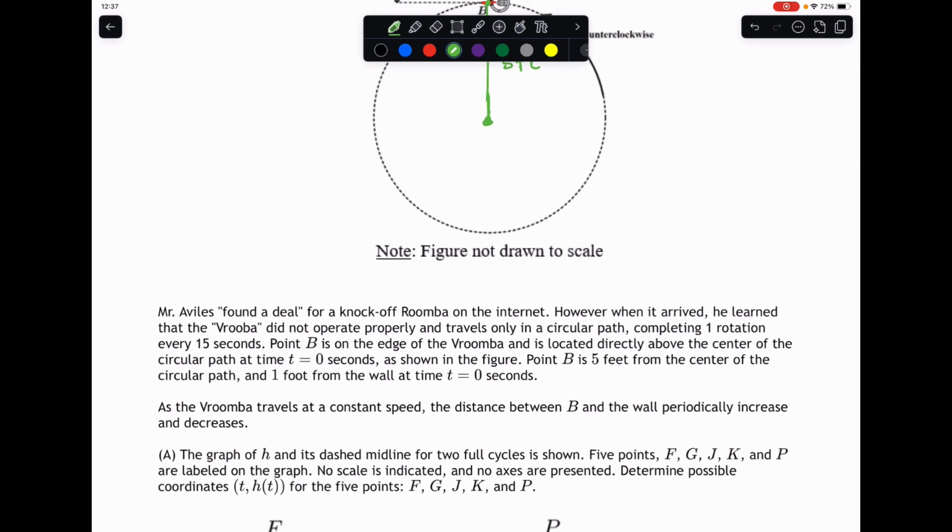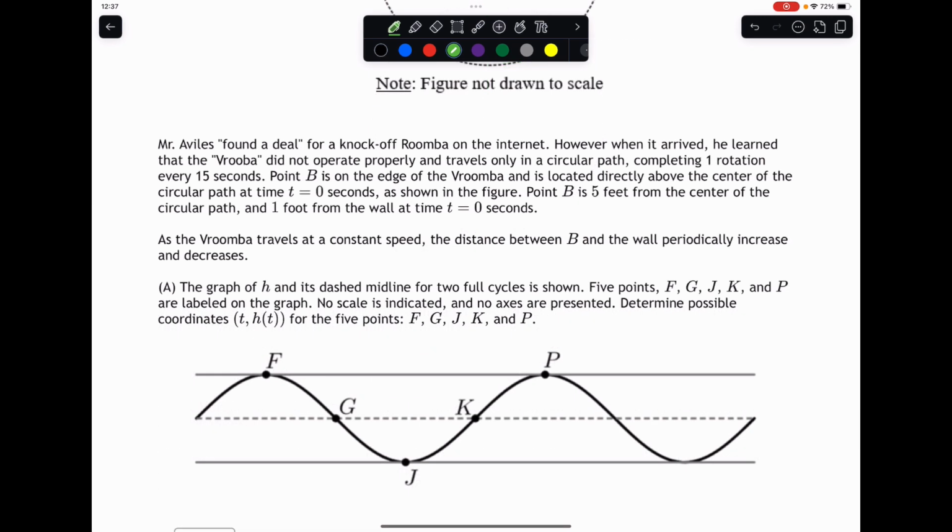And this occurs at t equal to 0 seconds. As the Roomba travels at a constant speed, the distance between point B and the wall periodically increases and decreases. So let's figure out what the values are going to be. The Y values first. When we're closest to the wall, we're only 1 foot away, so this value at the bottom is going to be 1 foot.